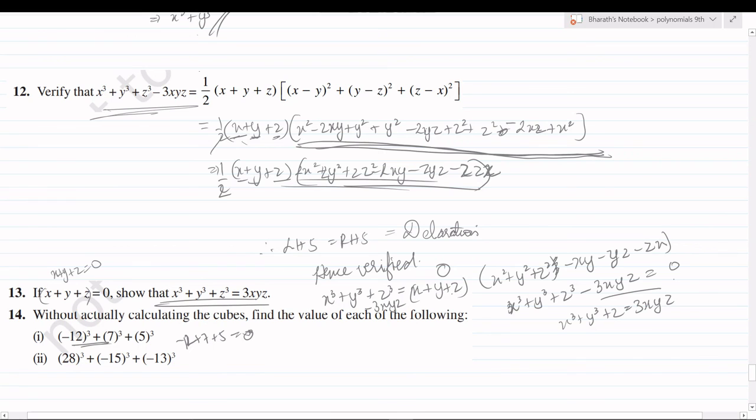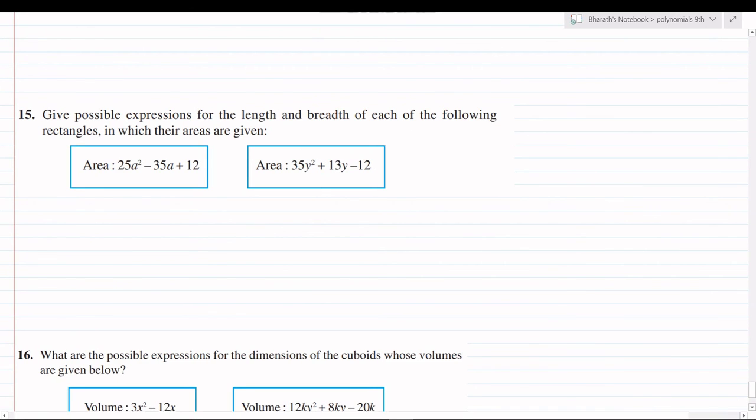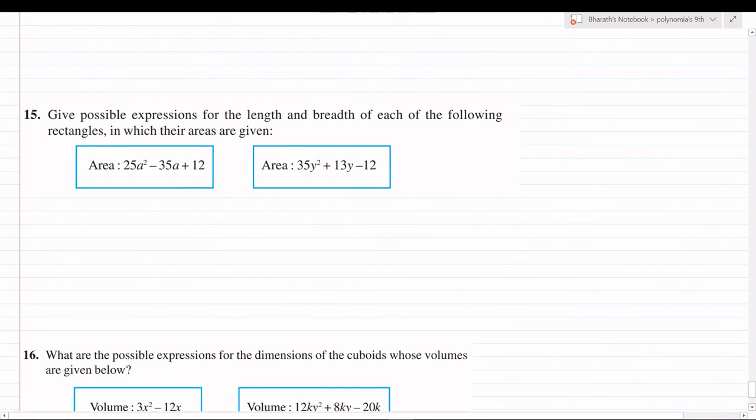So, without actually calculating the cubes, find the value of each of the following. Same thing. And this 15th question is: give the possible expressions for the length and the breadth of each of the following rectangles. Same thing, write down the question. 25a square minus 35a plus 12. Multiply this and this. What do you get? 25 times 12 is 300.